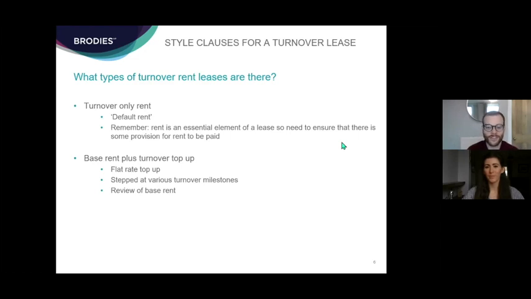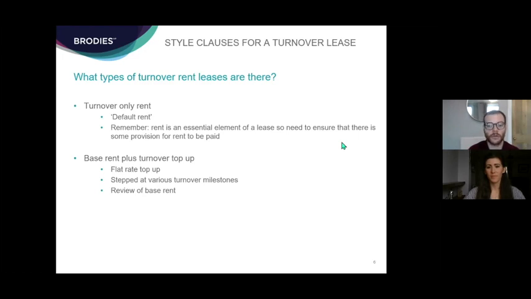Now, fortunately, the names just do exactly as they say. So the first one, there's the turnover only rent. As I say, that's very straightforward and is essentially the only rent that's payable to the landlord is generated through the turnover that comes into the store. And now, if we're looking at this from a landlord point of view as well, we'd want to make sure that there's some provision in there for the landlord to be paid if the store's not generating any turnover.